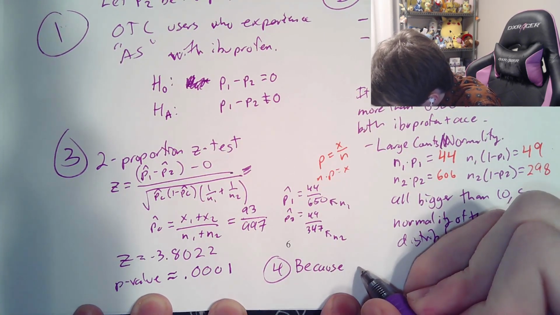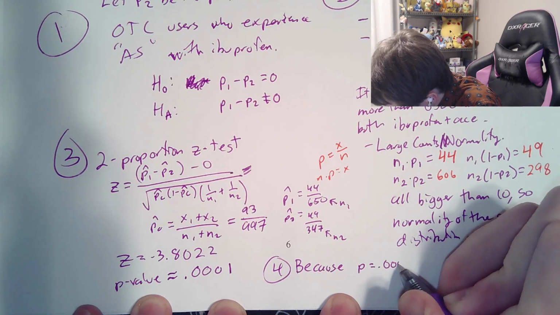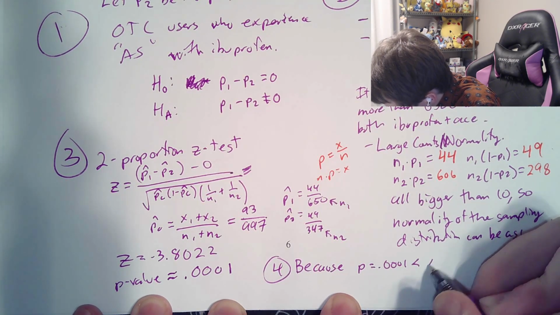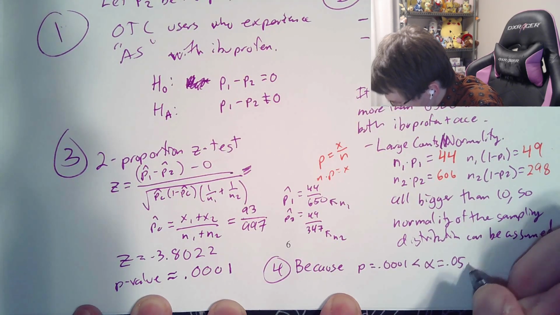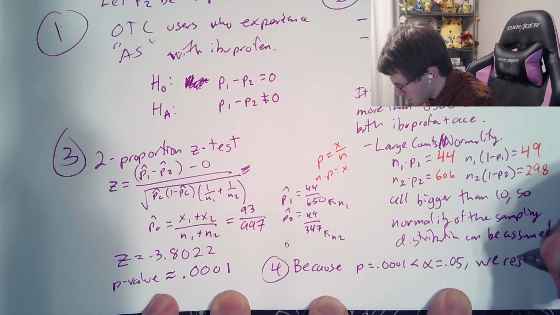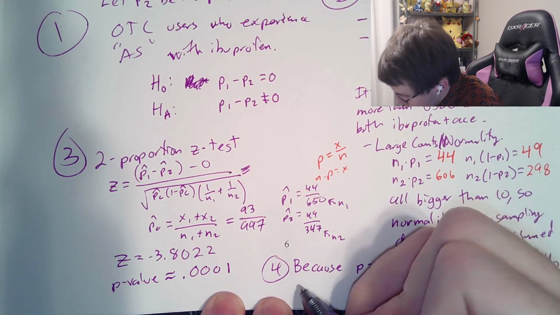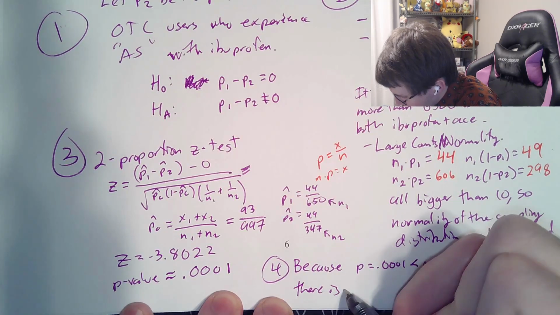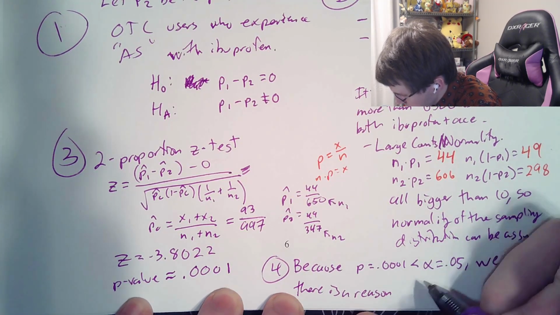Because p equal 0.0001 is less than alpha equal 0.05, we reject H naught. There is a reason to believe there's a difference.